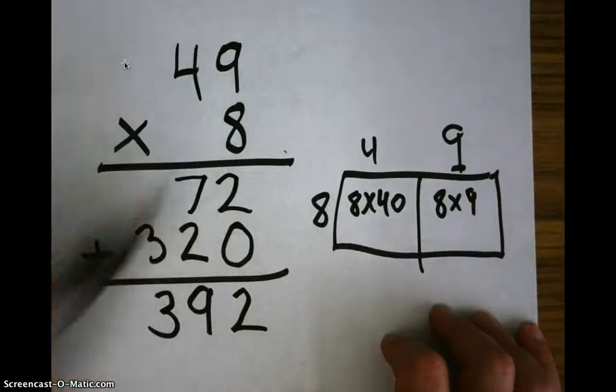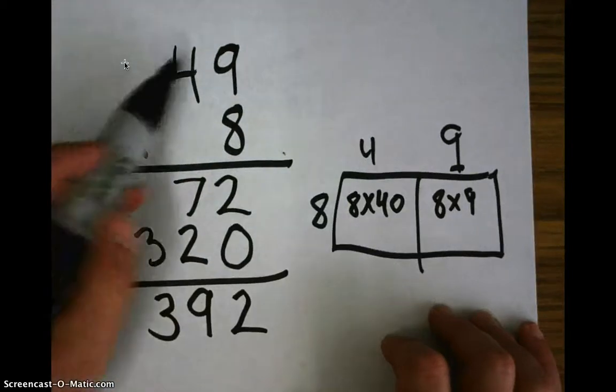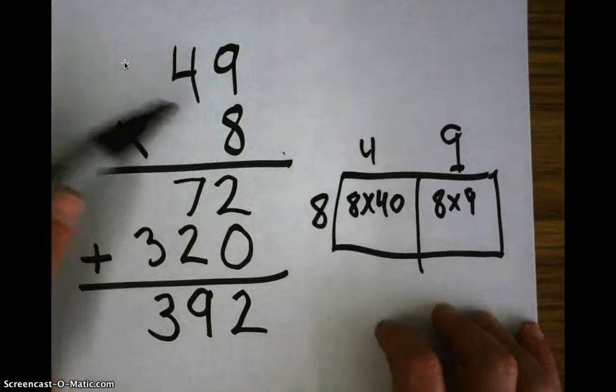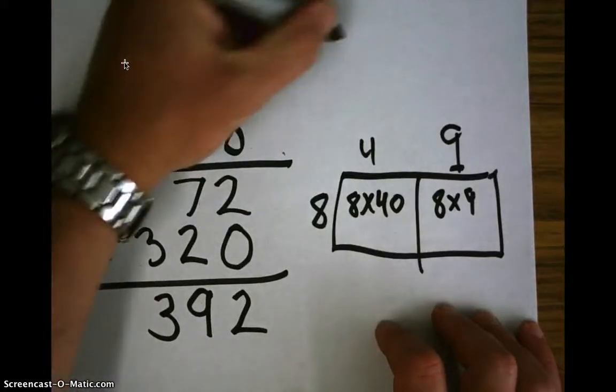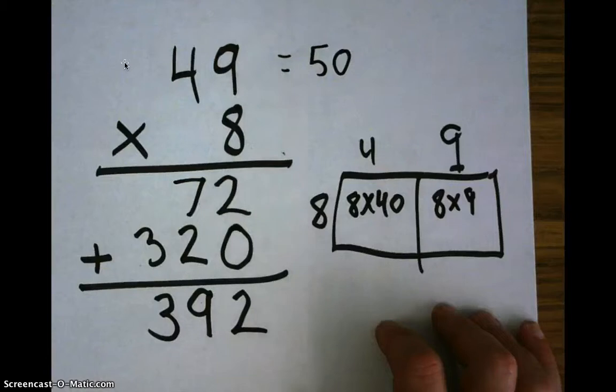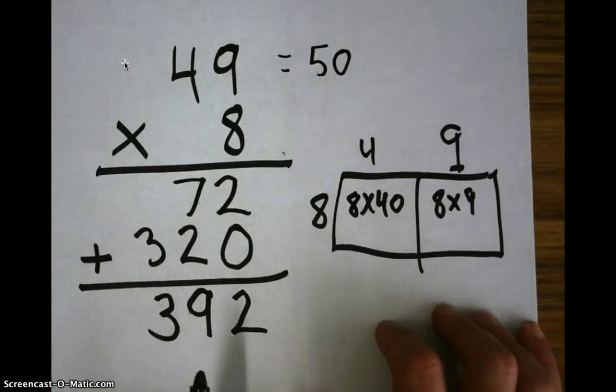So 8 times 49 gives me 392, which makes sense because I could think about 8 times 50, right? Doing my estimating, if I were to estimate 49, I would round it up to 50. Well, 8 times 5 is 40, so 8 times 50 is 400, which is very close to 392. So this is definitely a reasonable answer.